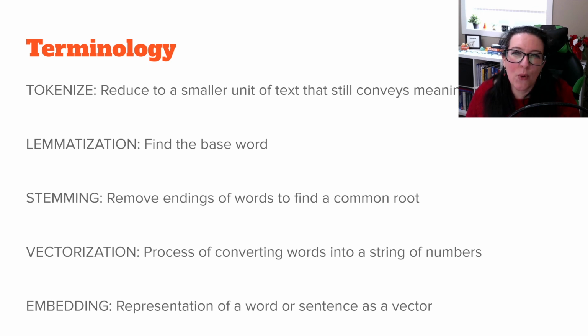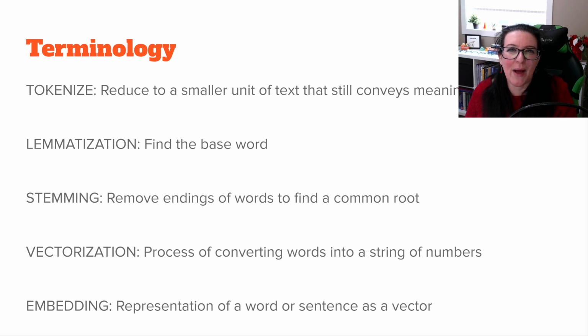And once we have tokenized our text, then often what we want to do is vectorize the data. And that is convert the token into strings of numbers. So this is going to allow us to do analysis, our machine learning. This is our natural language processing.